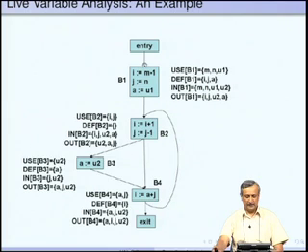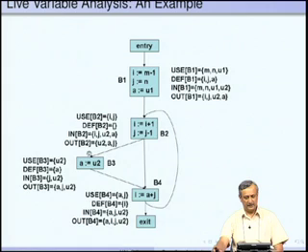So, if you look at the in set of B3 for example, u2 is definitely live at the entry point of B3, because it is visible straight away from the top. And let us take the out of B3 at this point, right, a, j and u2. Now the def contains a.